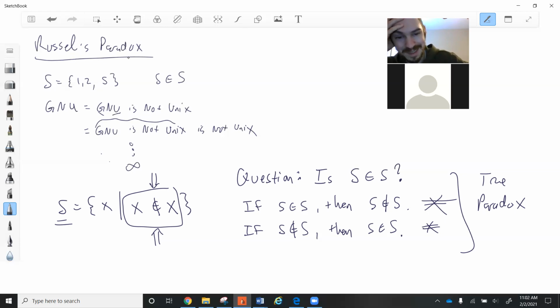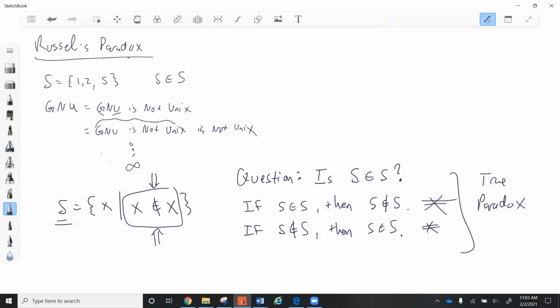Let me see if I can explain why exactly that's a problem. It's because of vacuous truth, really. There's this idea in math called explosion, which is that if you can deduce something false, then from false you can conclude anything.